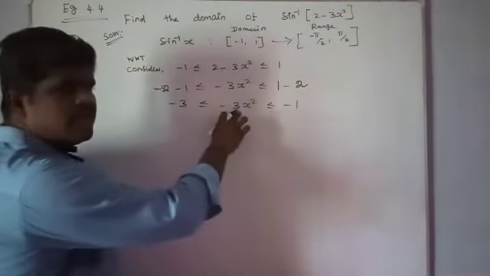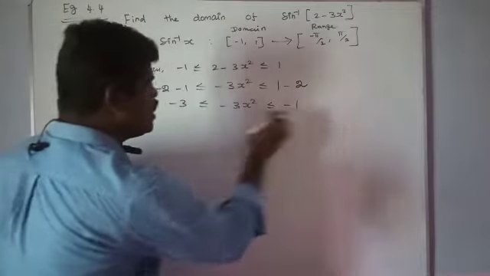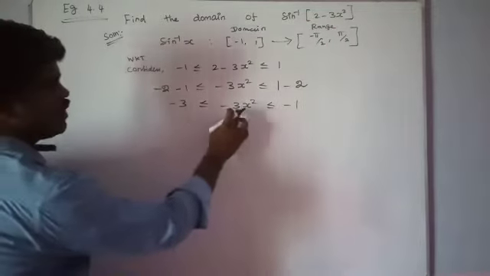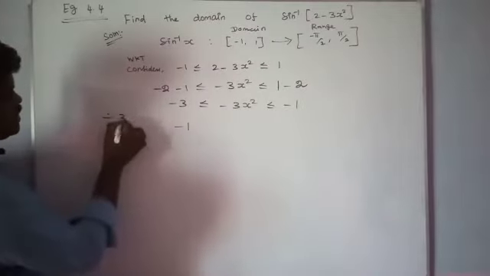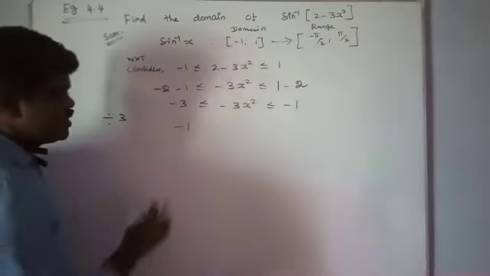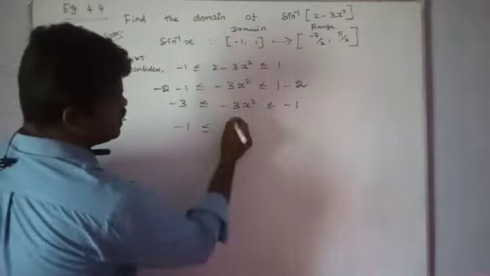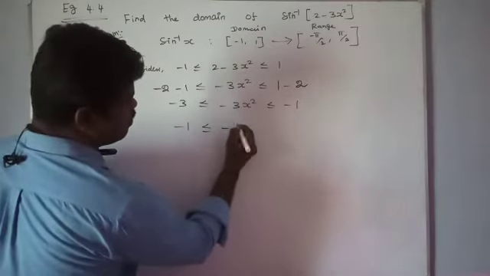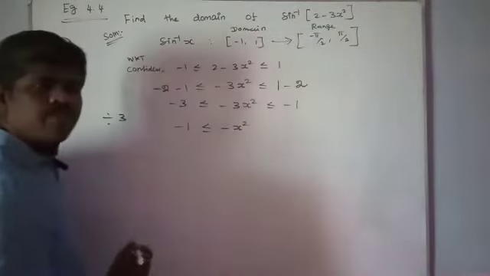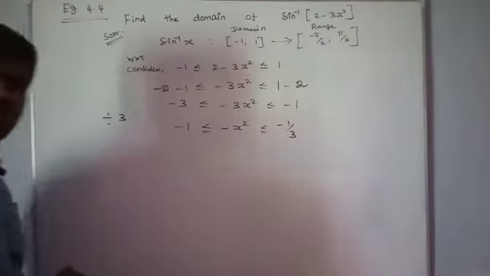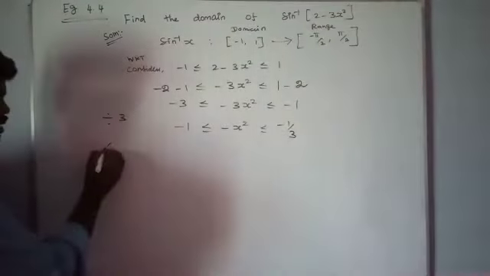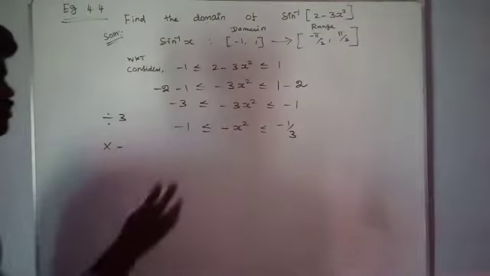Here 3 is there, so divide by 3 on both sides. What is the value? Minus 1 less than or equal to minus x squared, and less than or equal to minus 1 by 3. Now multiply by minus on both sides.